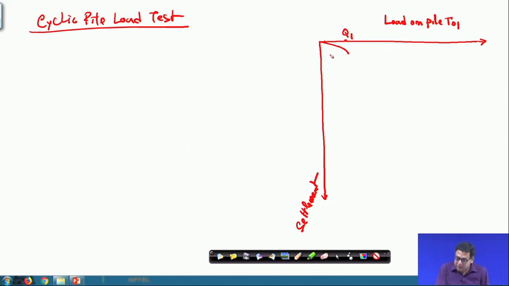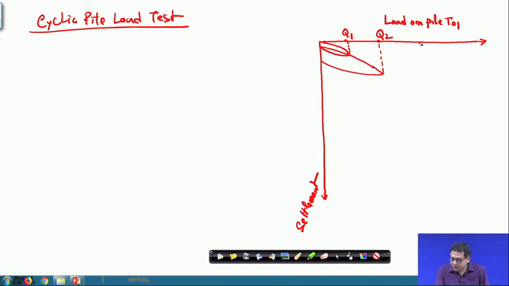Now you go for the unloading part, you unload Q1. Then you apply the second increment, Q2, again loading, and then you unload this part.